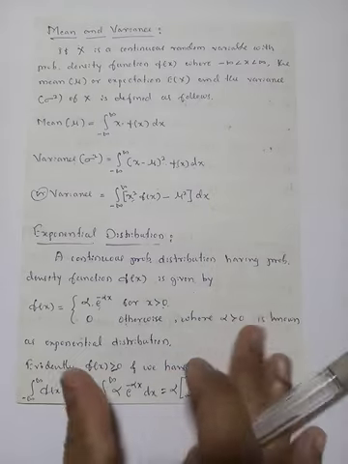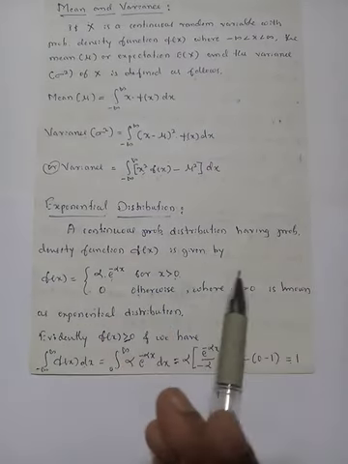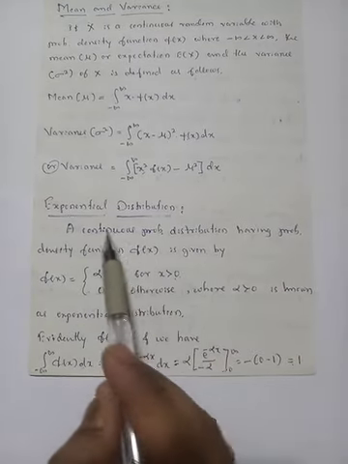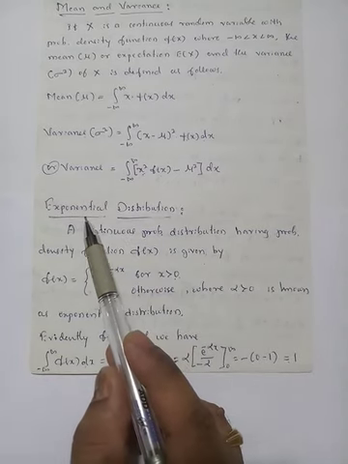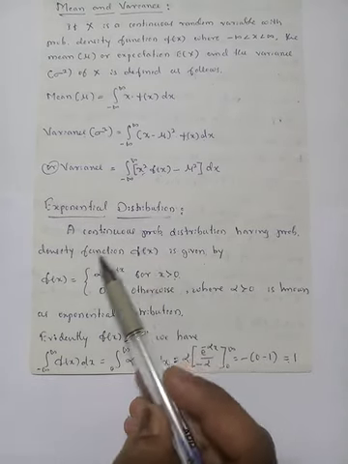Now with the help of the continuous probability function, we define a distribution called exponential distribution.